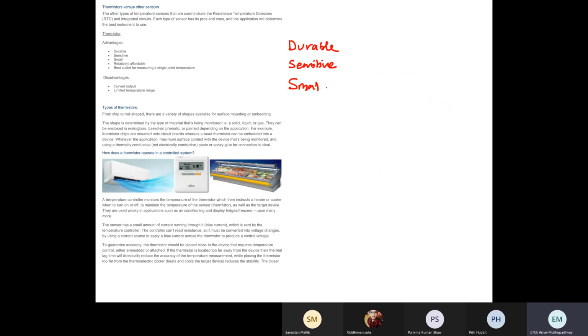Basically, it looks like a ceramic capacitor like this. It is cheap, relatively very cheap, and it is good for measurement of point temperature. You keep it in contact with some device, it will measure your temperature. These are all pros. Now come cons.